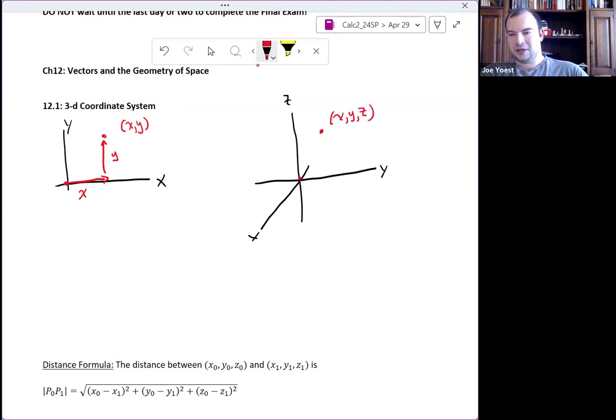What I mean by that is start at the origin, go little x distance along the x-axis, then turn and go parallel to the y-axis, little y distance, and then turn again and go parallel to the z-axis, little z distance.